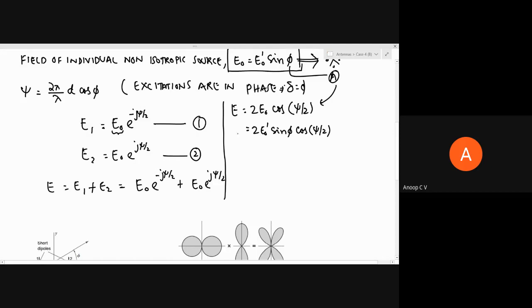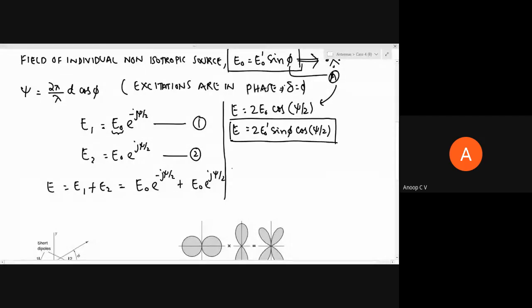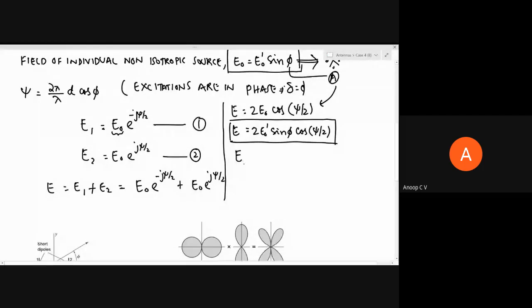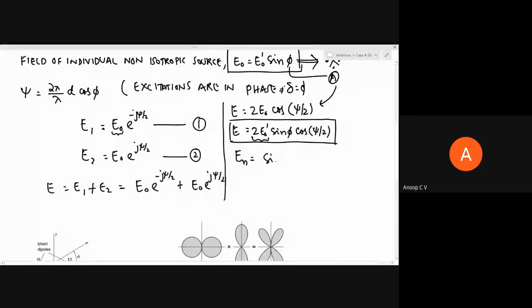So this is the actual field pattern in this case, and the normalized field pattern En is equal to, you have to make 2 E naught dash act as 1, so that will be sin phi times cos of psi by 2.